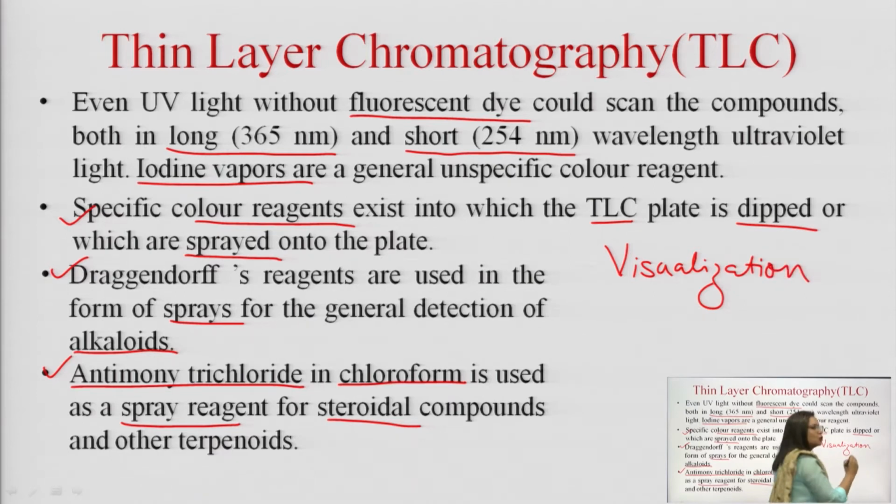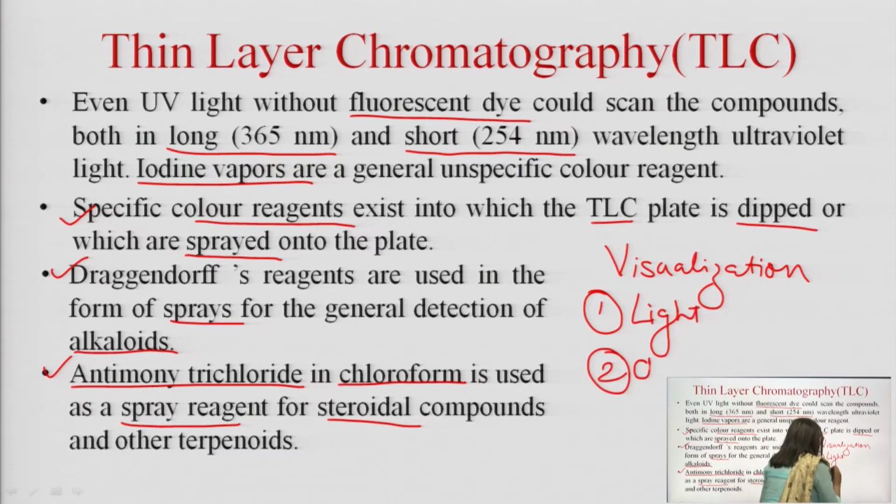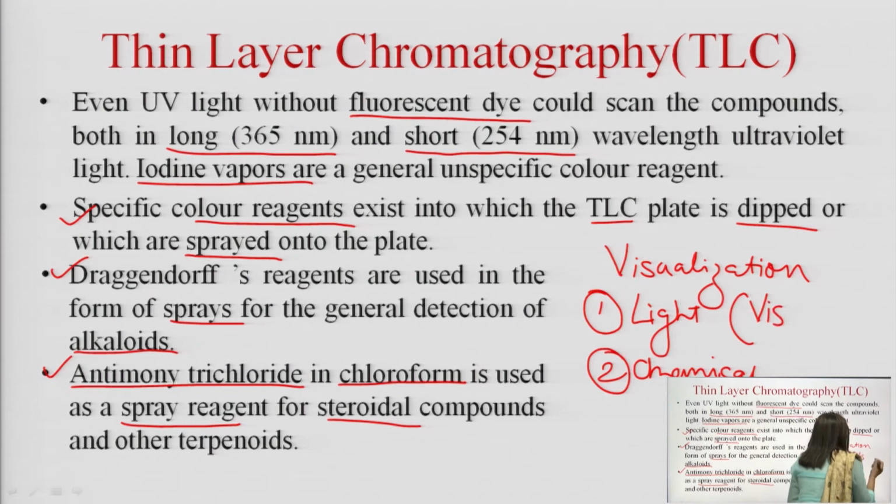we have two major types or major methods. Number one, either utilizing light or chemical treatment. So, this light has the variations as you already saw, either utilizing visible light or UV light of short wavelength and long wavelength.